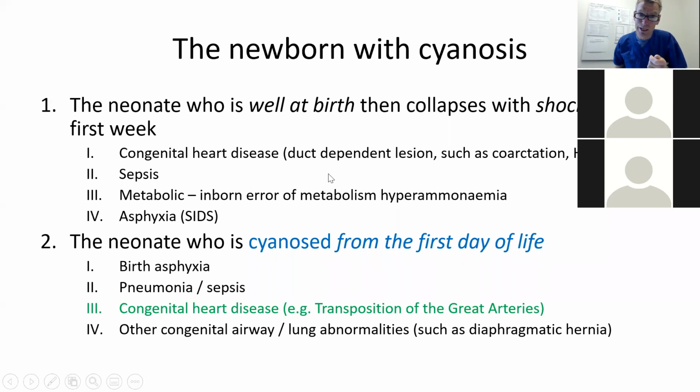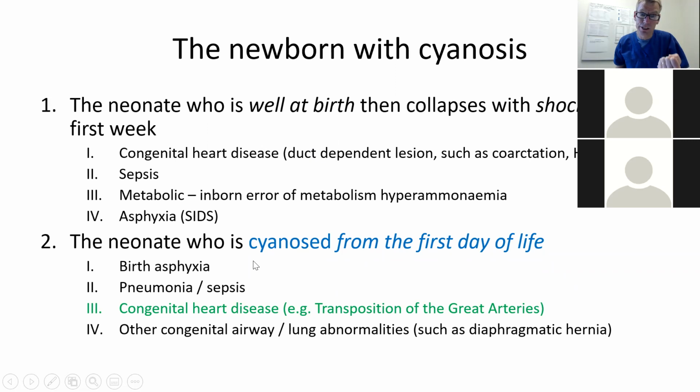Last week we talked about left ventricular outflow tract obstruction. So often those babies will have left ventricular outflow tract obstruction, coarctation of the aorta, or critical aortic stenosis, or hypoplastic left heart. Sometimes they'll have sepsis. They're well at birth, but they collapse. And we often think about sepsis, but think also about congenital heart disease.